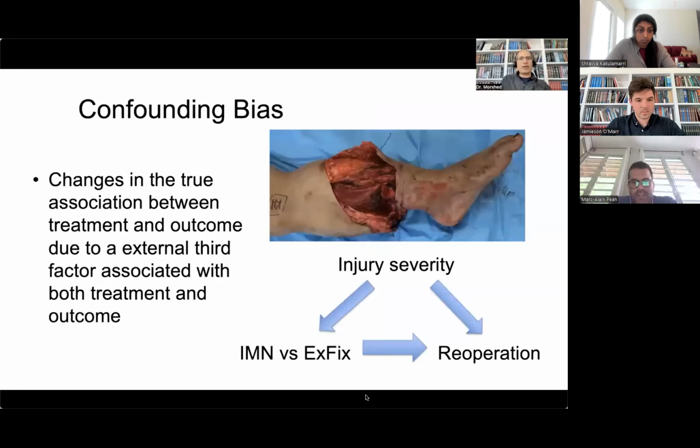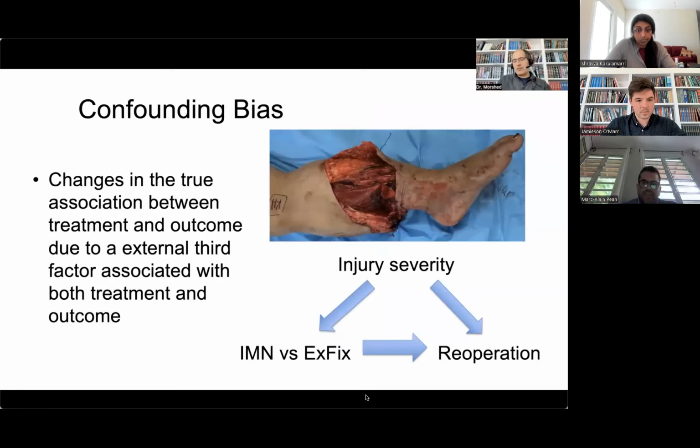And finally, we have confounding bias. And this is defined as changes in the true association between treatment and outcome due to an external or third factor that's associated with both treatment and outcome. This is super prevalent in clinical research, right?